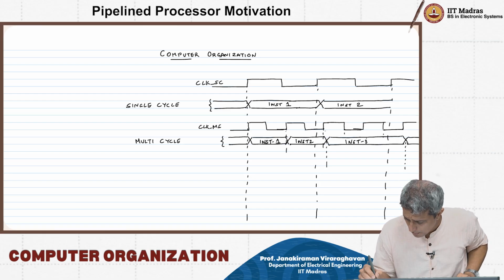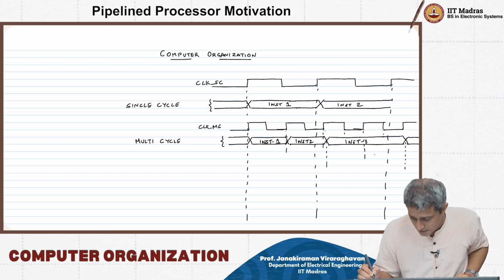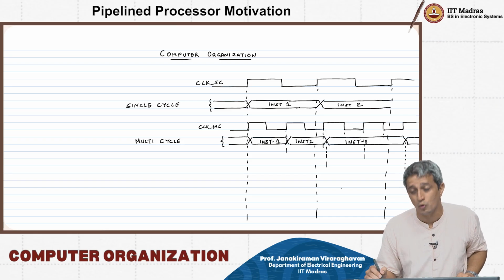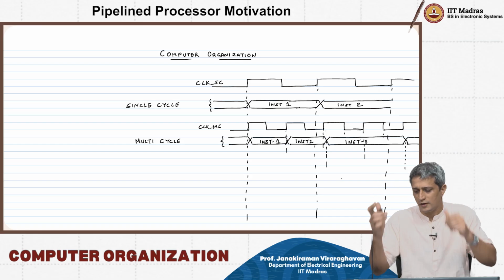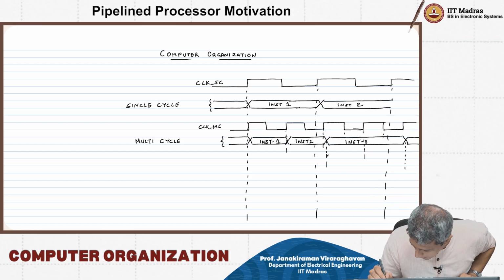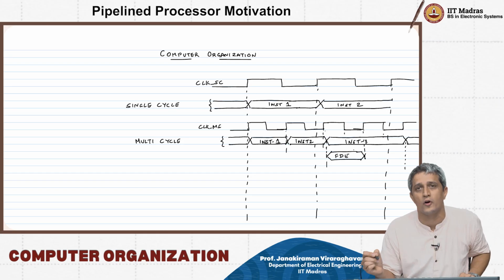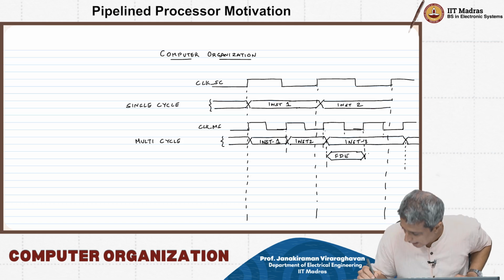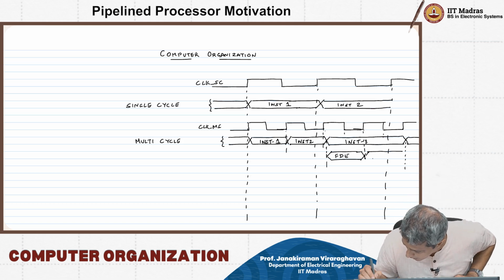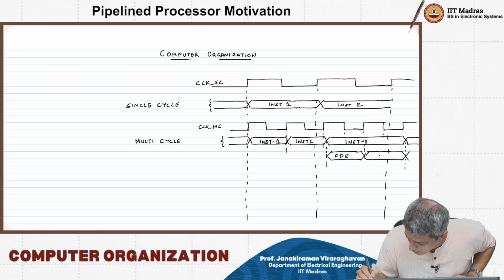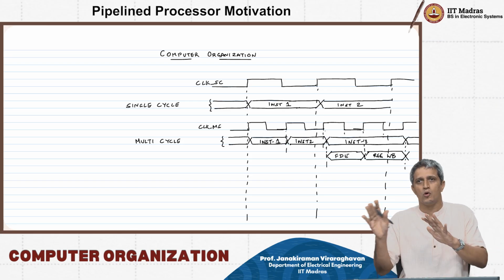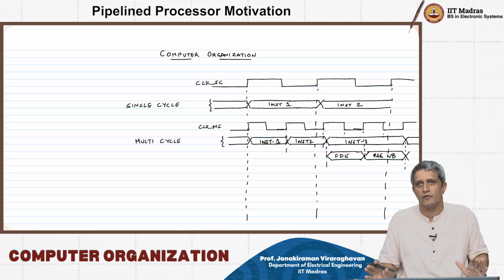Nevertheless, what is happening here is this clock cycle, where you are doing instruction 3, the first half of this thing, you have already done this fetch, decode and execute. FDE you are doing for that instruction, and what you are probably doing in this phase is register write back. Okay, you are doing only the register write back in this particular phase here.